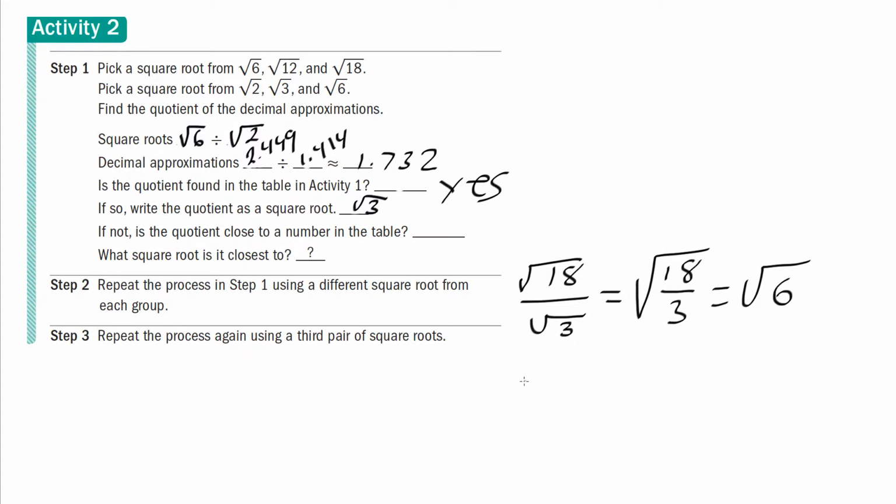The square root of 18 is 4.243, divided by the square root of 3, which is 1.732. And what does that give us? We'll do a quick 4.243 divided by 1.732, and that equals 2.450, rounded to the nearest thousandth.